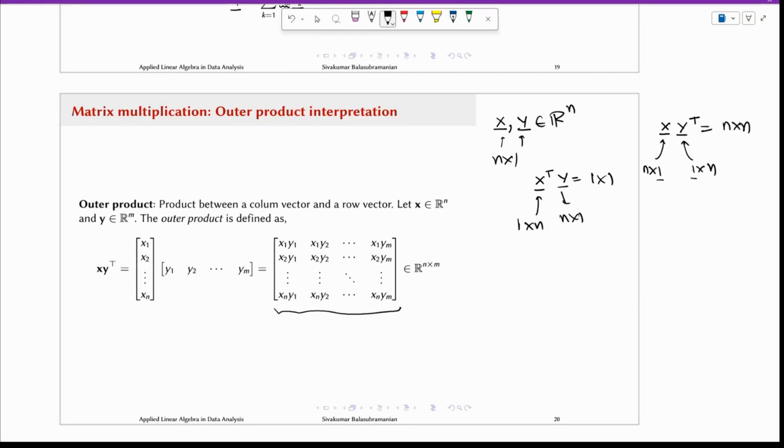What if X is from Rn, Y is from Rm? Can I do this? Am I allowed to do this?